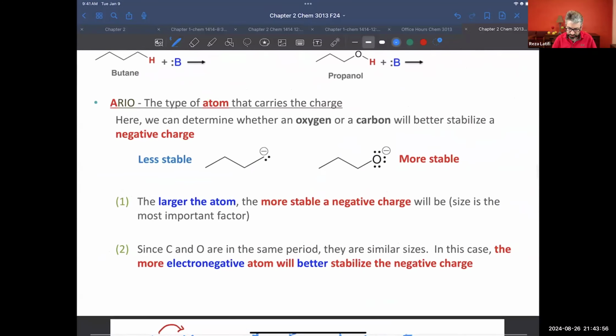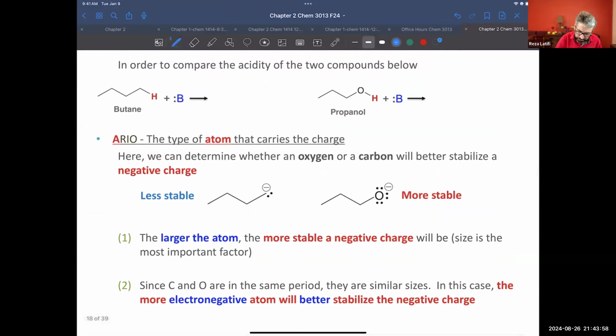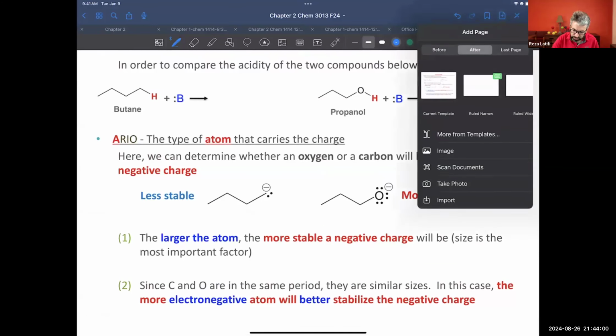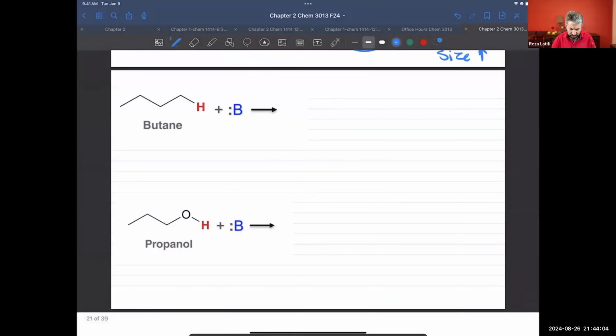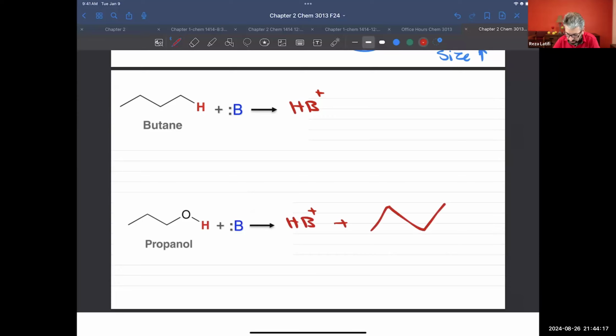So here, if I take a hydrogen from these two, I get HB plus, and what else? I get this: O with a -1 charge, and here I get carbon.